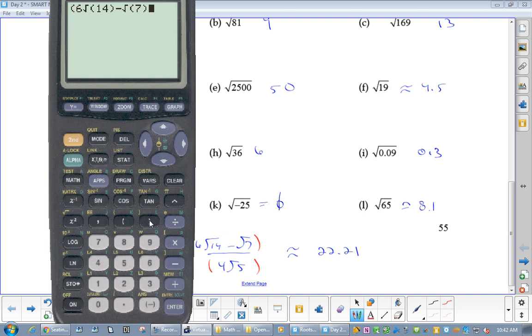Okay, and you see, for my calculator, I always have to shut the door there. That's what I get, 2.21.